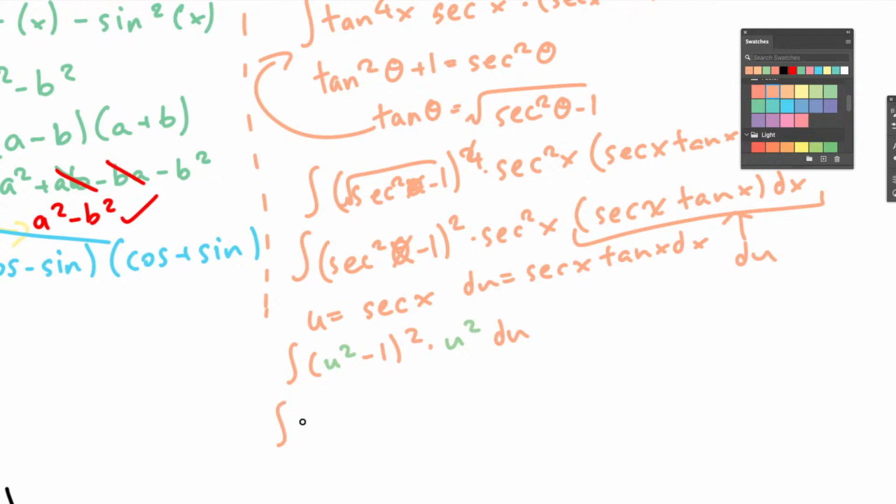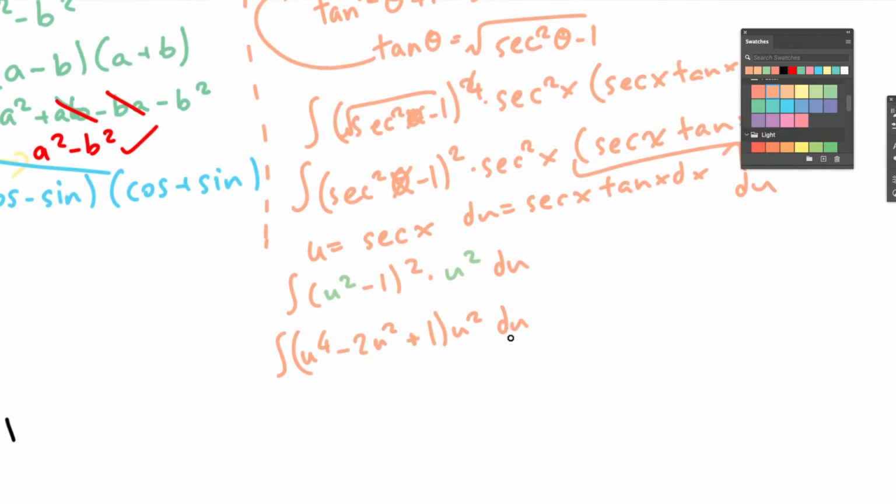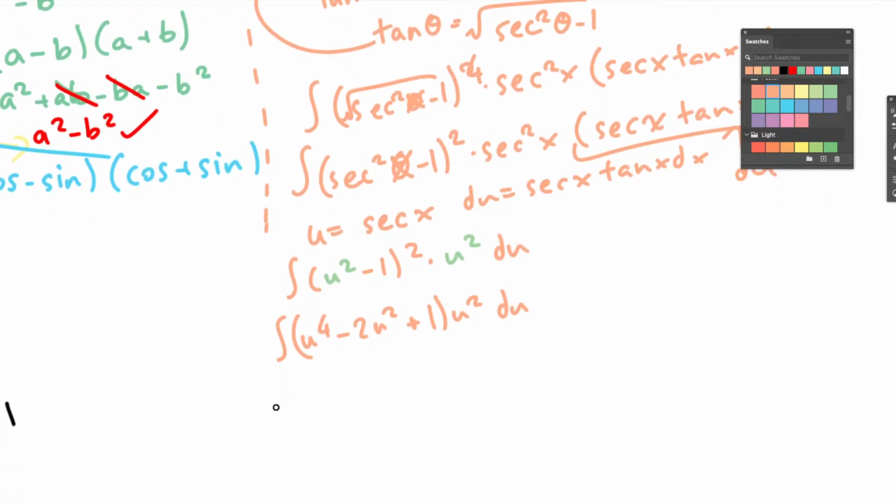So you get u to the fourth minus 2u squared plus 1 times u squared du. I forgot to do that at the last part. And then that becomes u to the sixth minus 2u to the fourth plus u squared du.